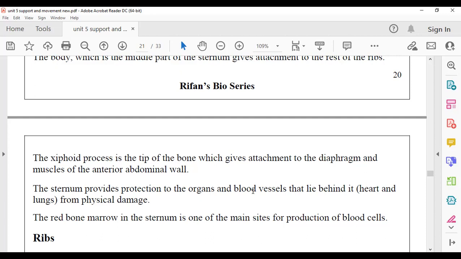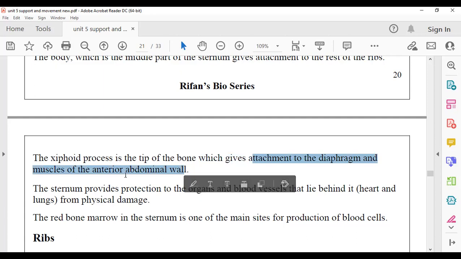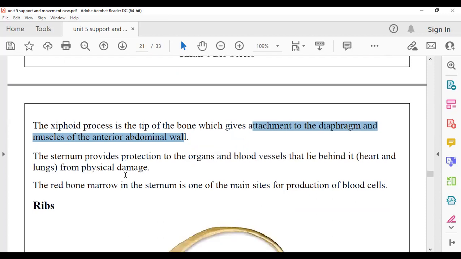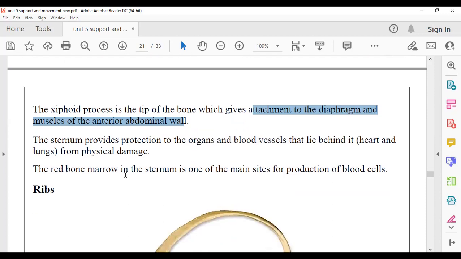So actually, I am not teaching you line to line, right? Now, for example, the ossified process, what is the role of it? It helps to attach the muscles of the diaphragm and the anterior abdominal wall muscles.